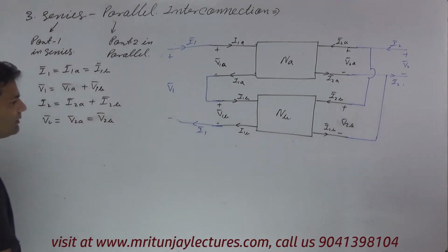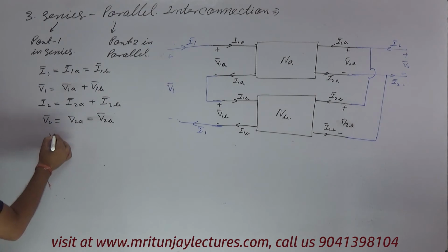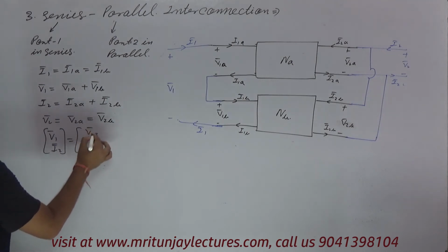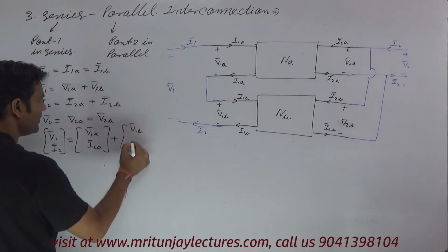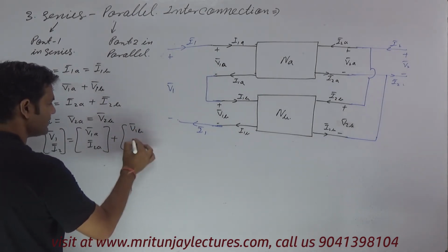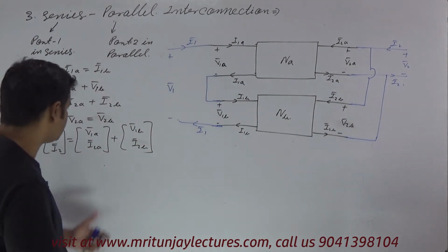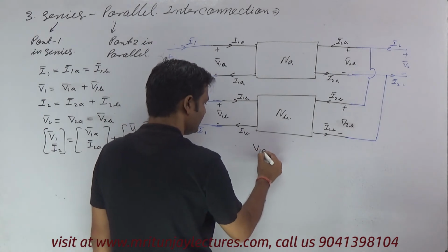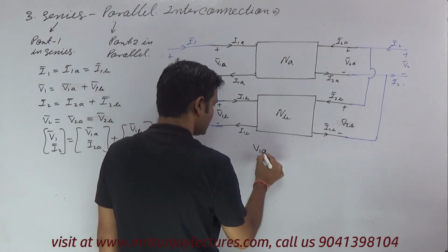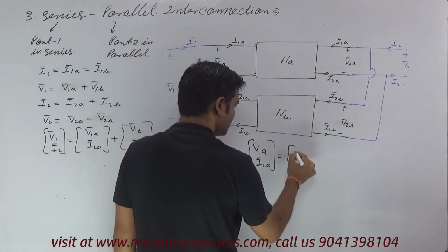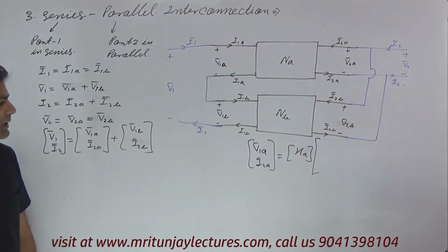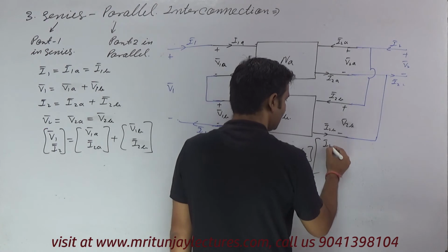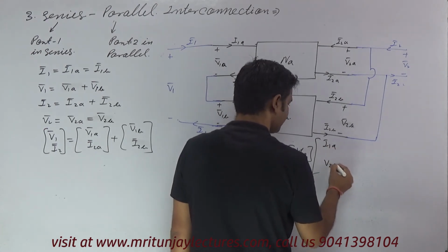Clear or not? Now that is V1, I2 is written as V1A and that is I2A here, and that is V1B and that is I2B corresponding to here. Okay, now I know that V1A and I2A are written corresponding to HA. Clear? And here corresponding to I1A and here V2A.